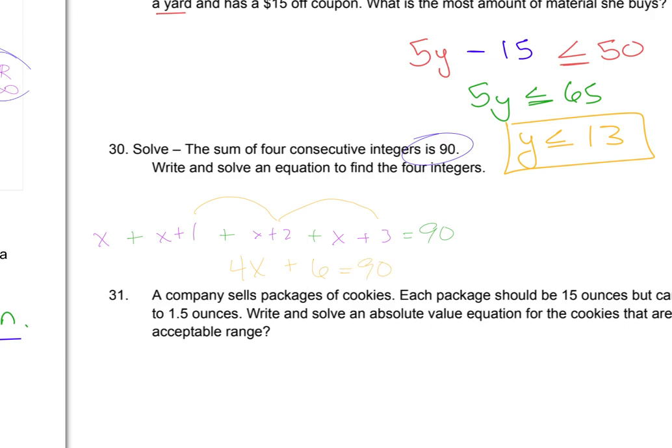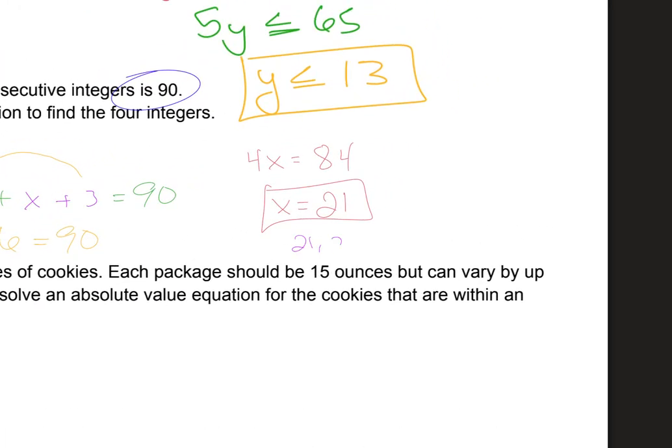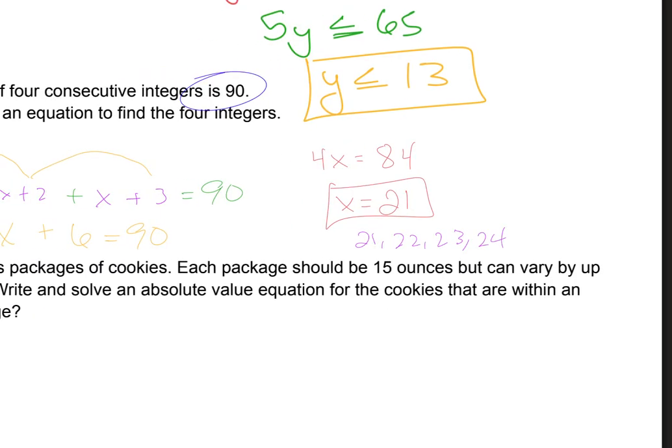I'm going to subtract 6 from both sides and get 84. Divide by 4 to get 21. So the first integer is 21. The next is 22. The next is 23. The next is 24. If you were to add those up, you would get 84. I'm sorry, you would get 90.